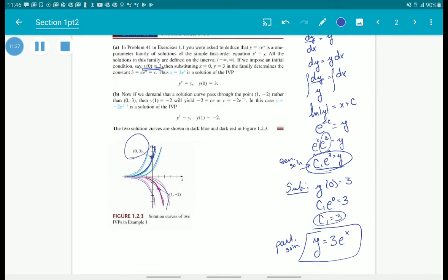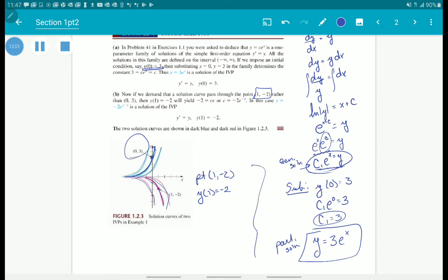So if we were to change the idea of where this graph has to go, let's say it has to go through the point (1, -2), then that's going to end up changing our C value. So that means that y of 1 would be equal to -2.